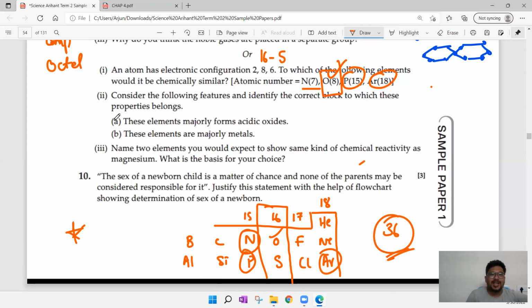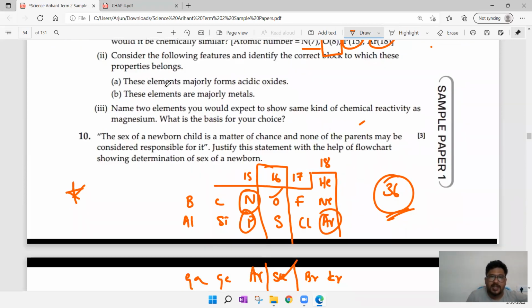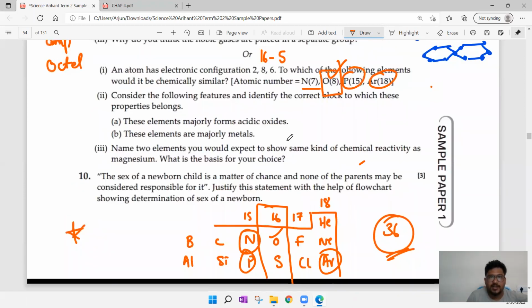Number 2. Consider the following features and identify the correct block to which these properties belong. These elements majorly form acidic oxides. Acidic oxides, you have seen in the first chapter, chemical reactions and equations, and the second chapter, acids, bases and salts.